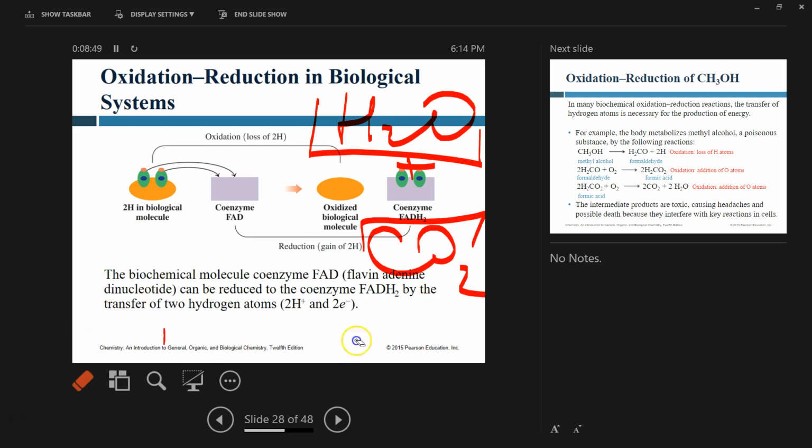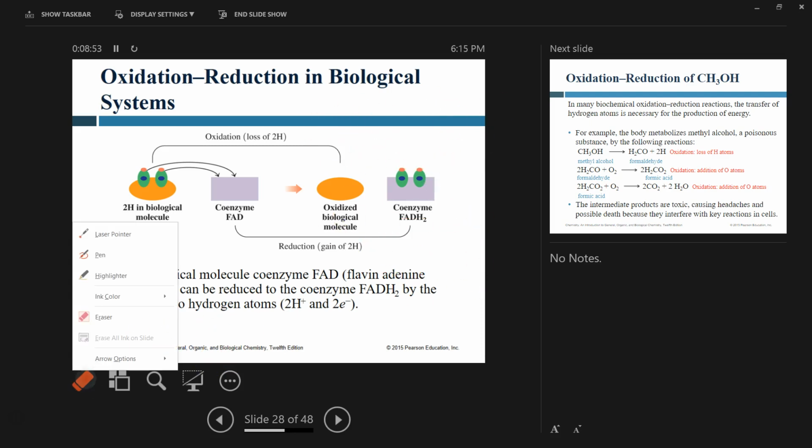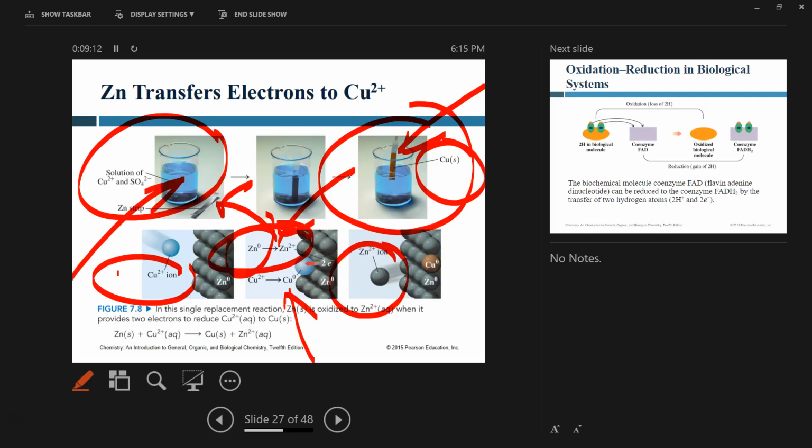Now, one of the, not a problem, but kind of an obstacle to carrying out the oxidation and reduction reactions in the human body is that they involve pretty complicated molecules. Does that make sense to you? Glucose is a pretty complex molecule, 6 carbons, 12 hydrogens, 6 oxygens. Nothing like this, where you have zinc and copper, and that's it.